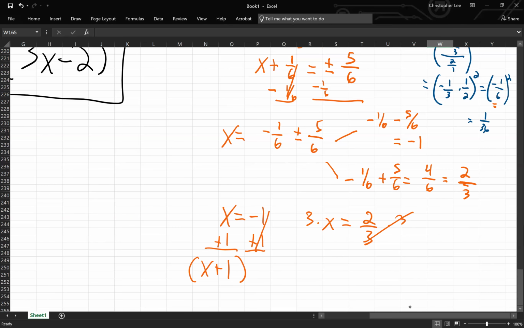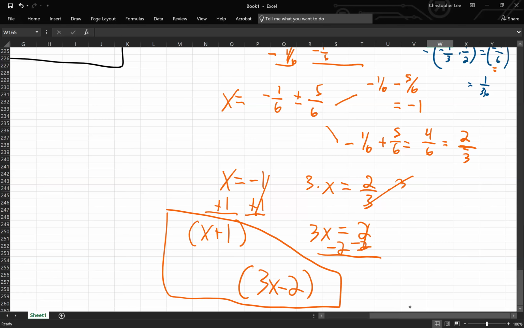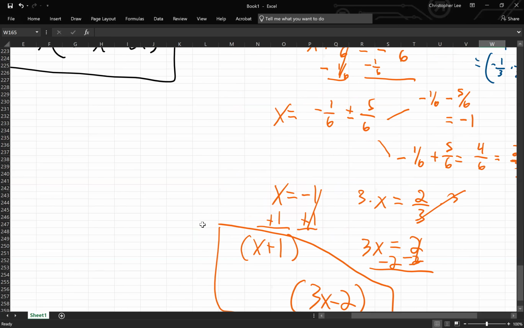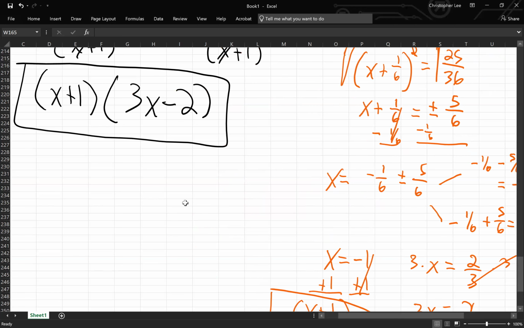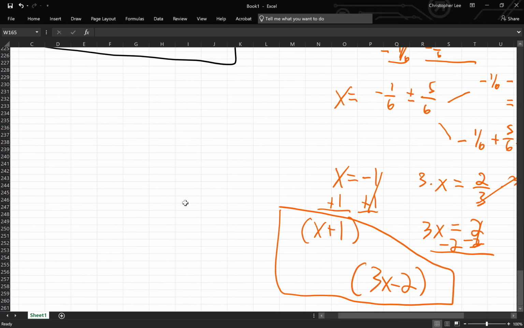Times 3. So now I have 3x is equal to 2, minus 2 from both sides. Here goes your other factor. 3x minus 2. And that's it. That's how you use the roots to get back to your factors. Same factors: x plus 1, 3x minus 2.